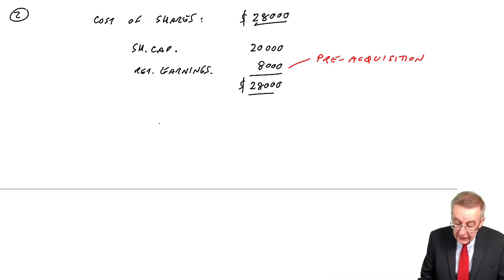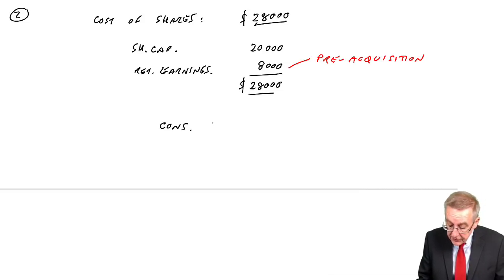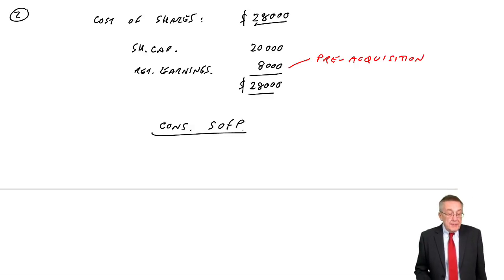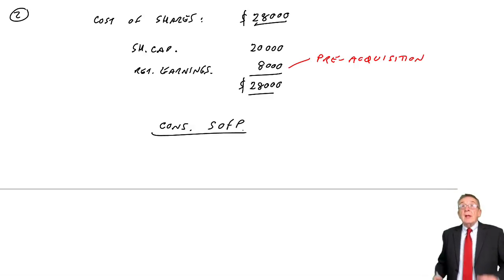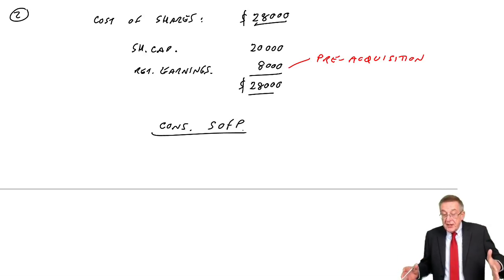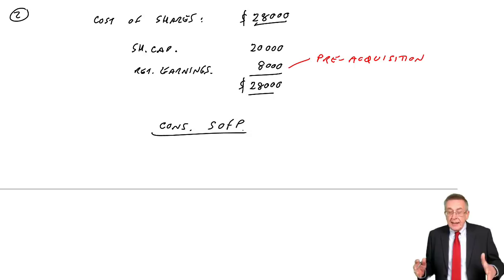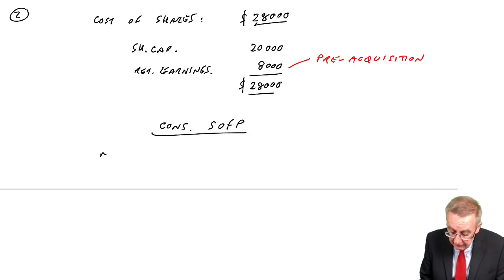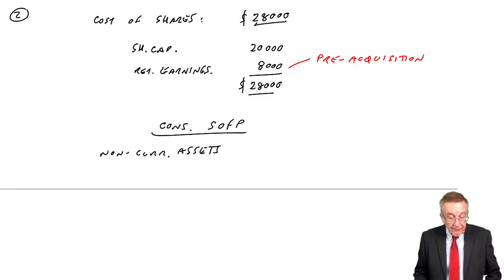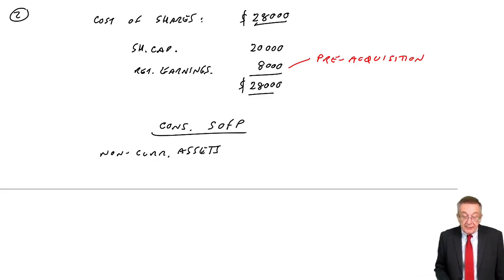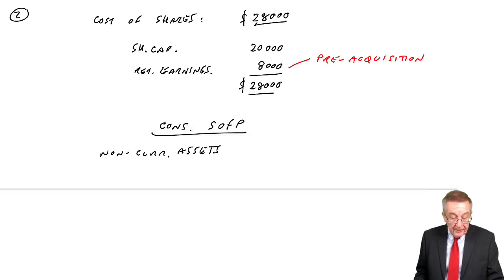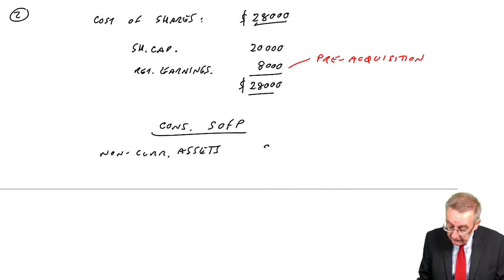Now let's do the consolidated statement of financial position. And very much like before, produce it as though it's one big company. And so non-current assets, we simply add up. 55 in P, 25 in S, so a total of, what is it, 80,000?